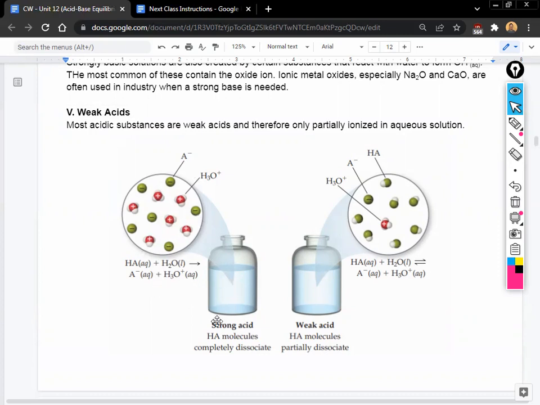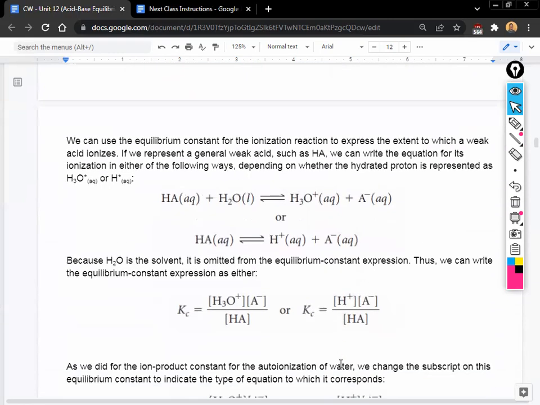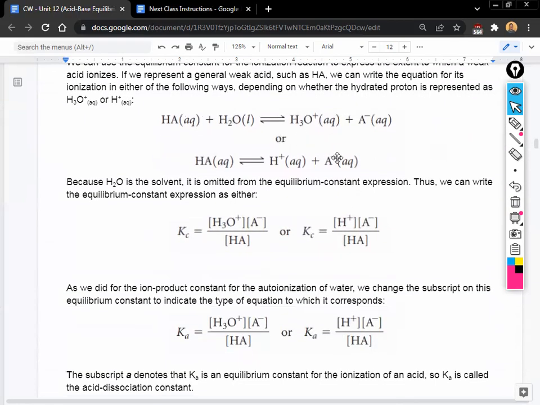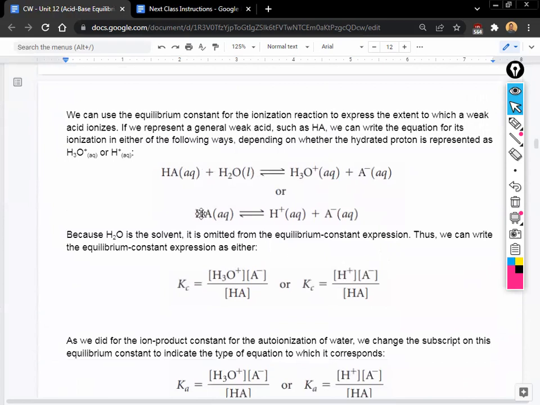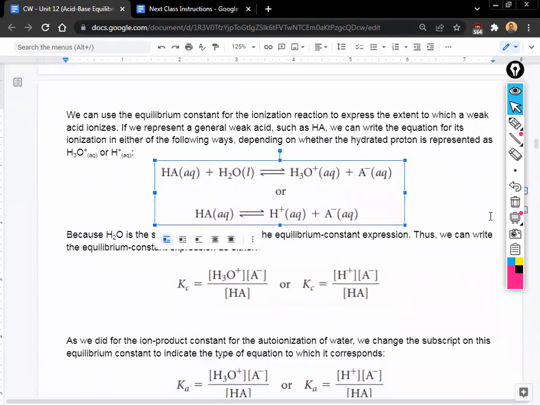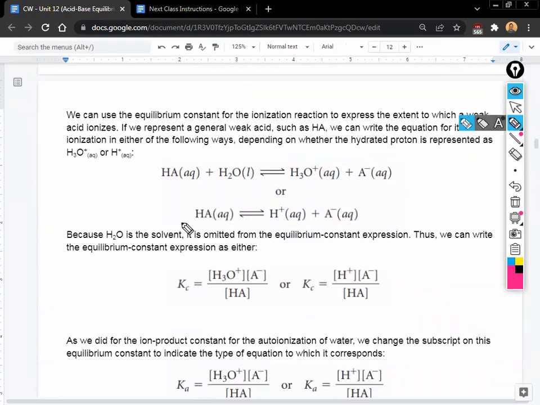So I got a little diagram for you here. Strong acids, everything breaks down into the ions. But in a weak acid, it's going to be an equilibrium. Only some of the molecules break down, okay? So here you go. If HA is our generic weak acid, some of it's going to break down into H+, some of it is going to break down into the anion.